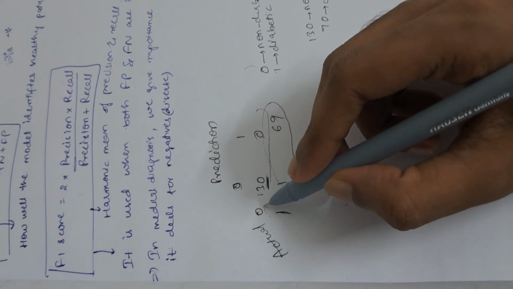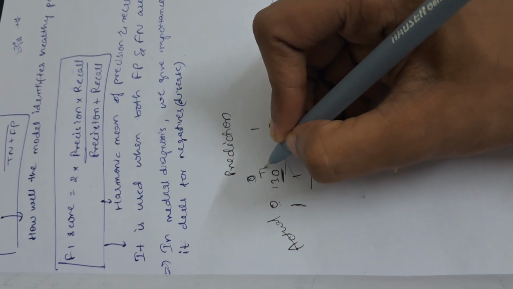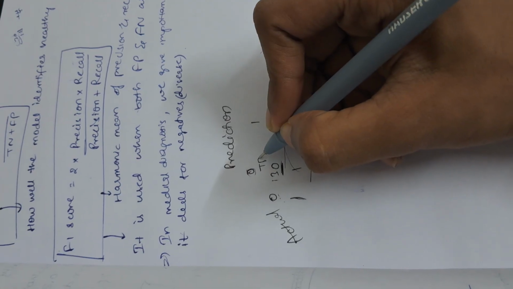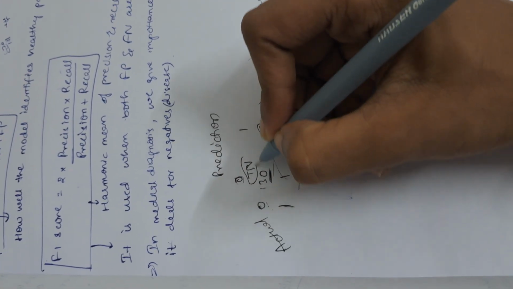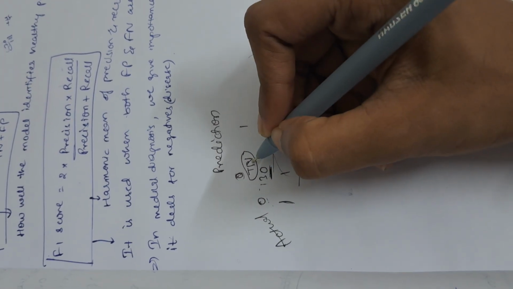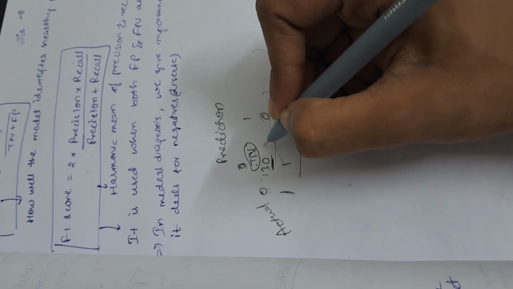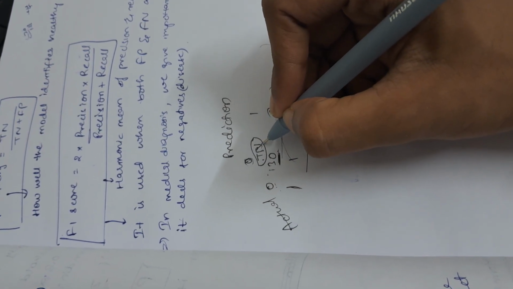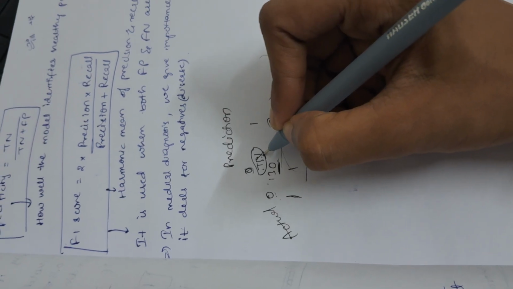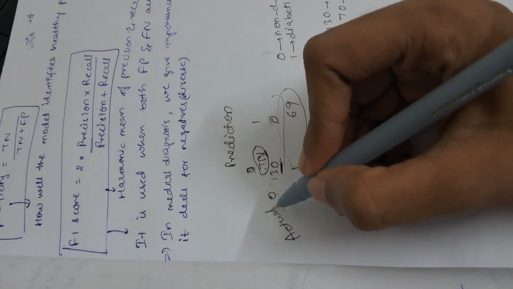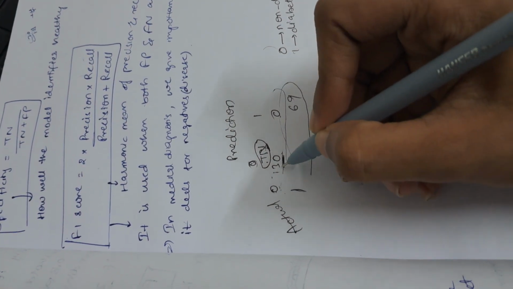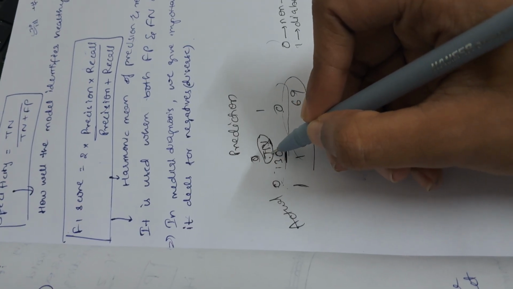Okay, correct. This is known as true negative. Why negative? Negative is 0, non-diabetic, and it is true. So for 130 patients you have predicted that they are non-diabetic, and it is absolutely correct, because actually only 130 patients are non-diabetic. True negative.